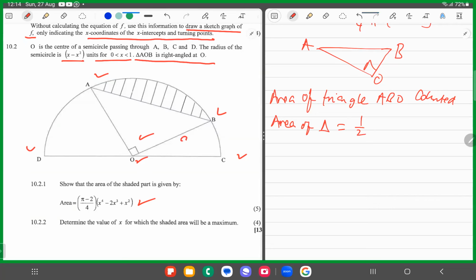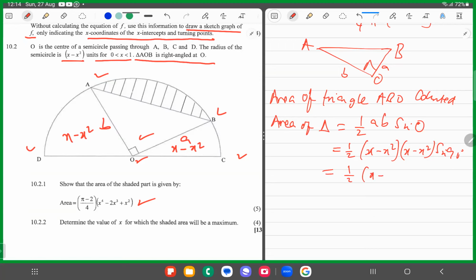This one opposite you can call A, opposite you can call B. So it's half AB sine O. A is x minus x squared, that is the radius, and B is also the radius, x minus x squared. Then you multiply by the sine of the included angle, which is 90 degrees. So this is 1/2 into x minus x squared, squared, which is the area of the triangle.